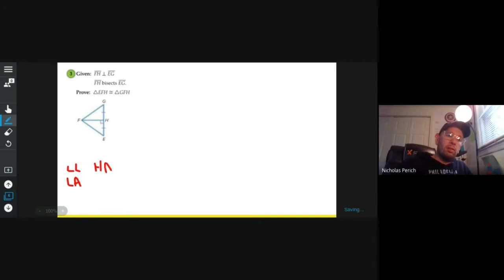But that included several proofs. And these are no different. What you're looking for is it gives you information, and based off of that information, you should be able to say, okay, well, that thing over there and that thing over there are exactly the same, and that thing over there and that thing over there are exactly the same. And oh, look, those are right triangles, and therefore I could use either this or this.